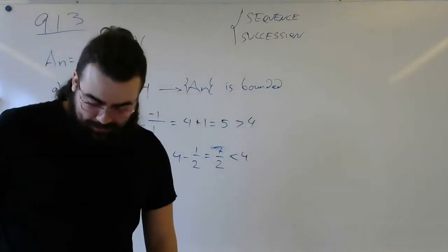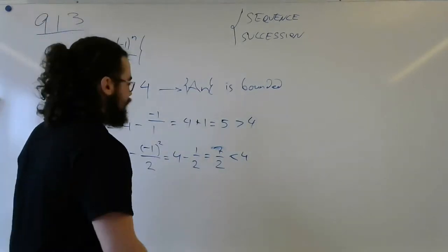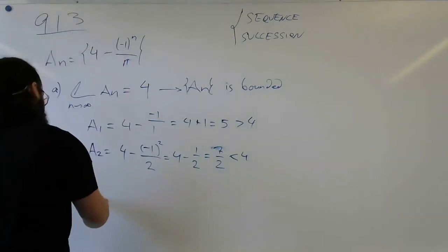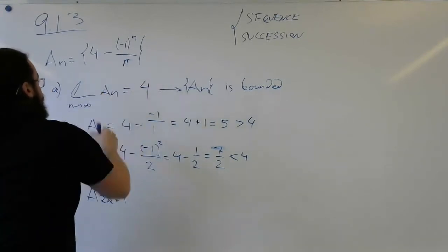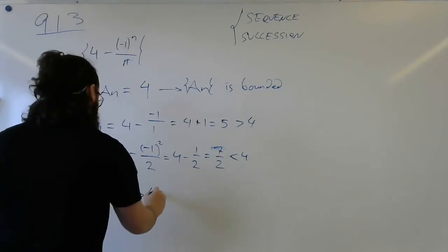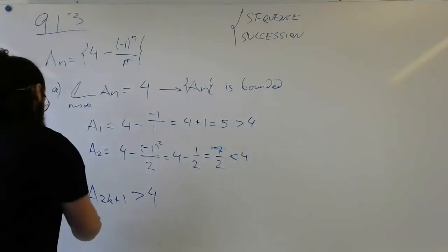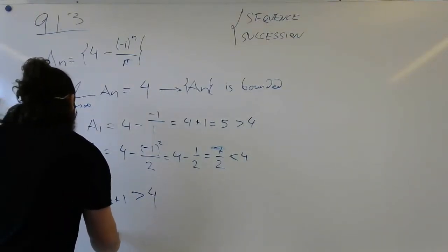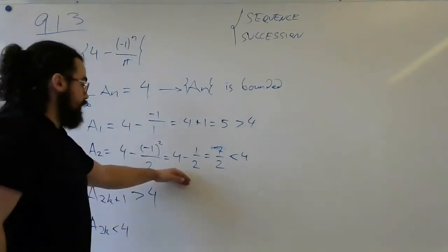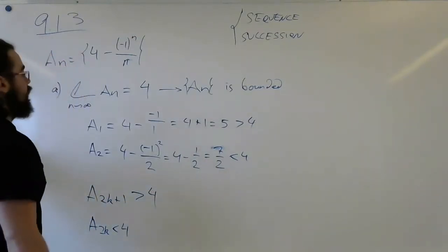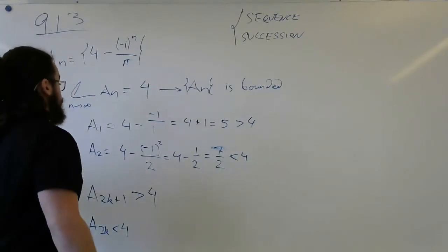So our first example seems to oscillate, right? It looks like odd terms are greater than this. Even terms are greater than that. So 4 is not the bound. 4 is obviously not the boundary.